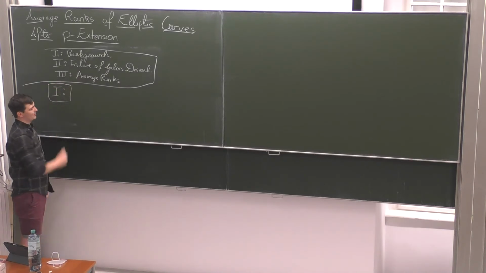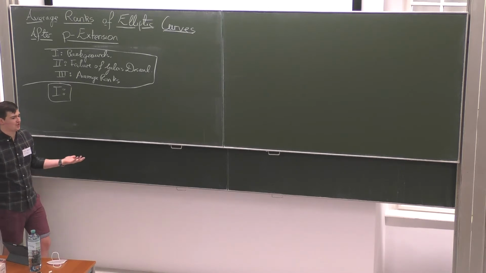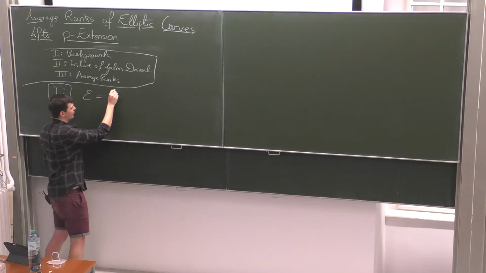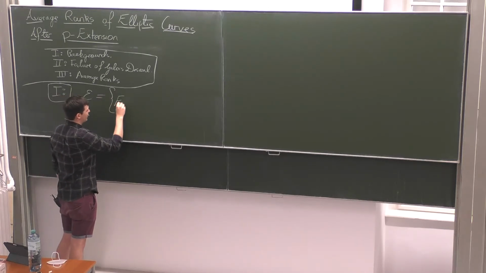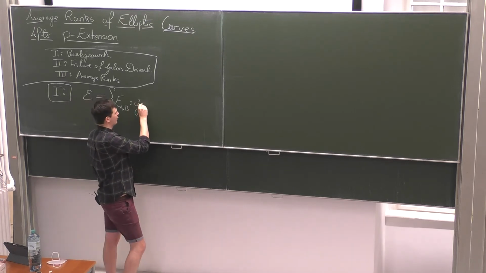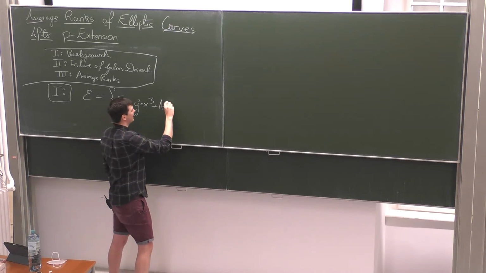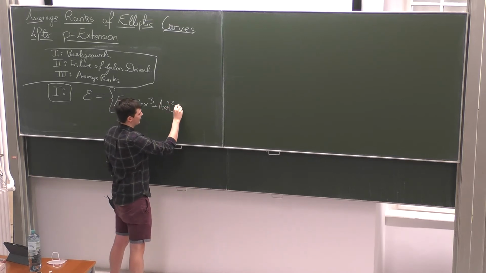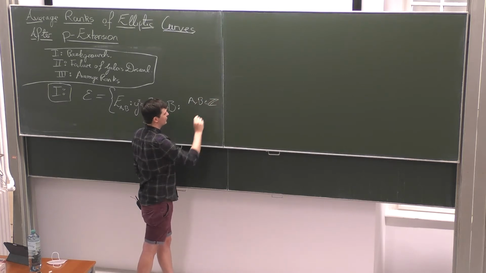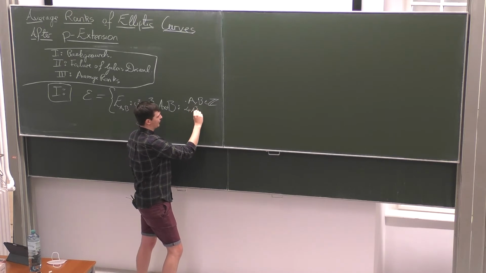if I'm going to tell you about average behavior of arithmetic objects, I'm going to need to give you a parameterization of them. So for us today, the set epsilon will be a set of Weierstrass equations, E_{a,b}. So these are of the form y squared equals x cubed plus ax plus b, where here a and b will be integers. They'll satisfy a discriminant non-vanishing condition.